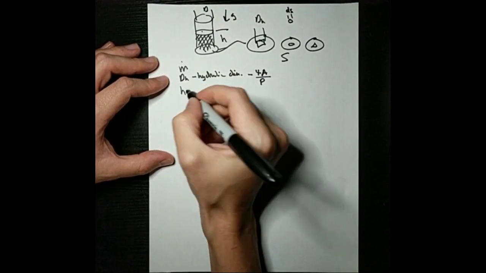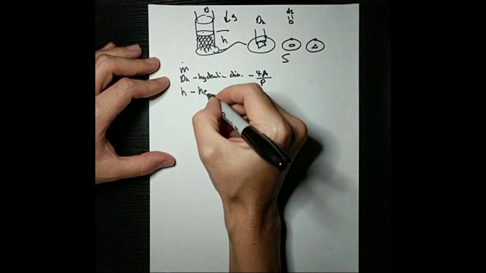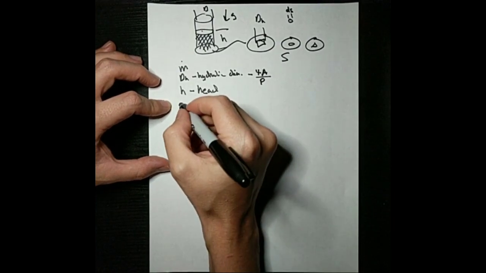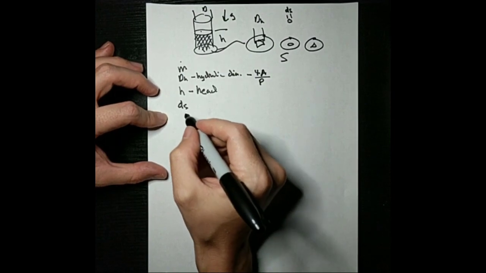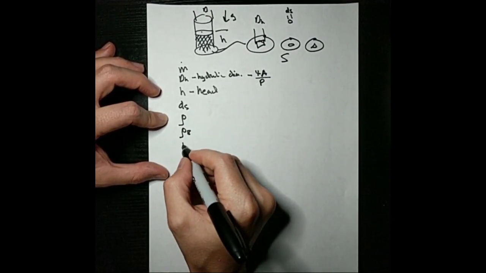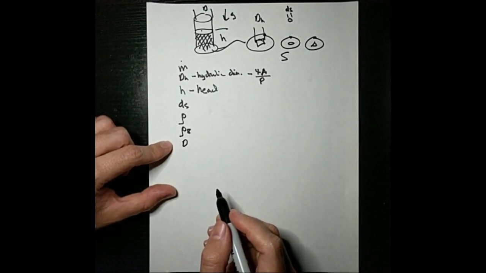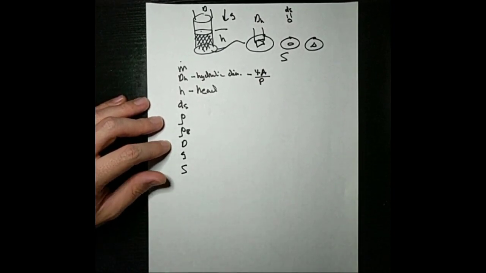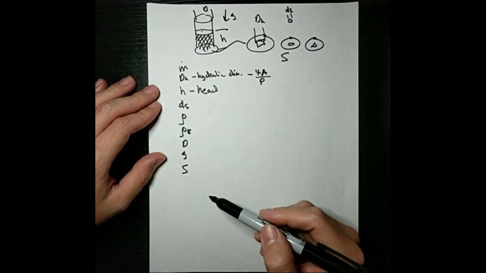So we've got the packing height, or the head if you want to think about it in terms of fluids. We've got spherical diameter of the particles. We've got density, we've got bulk density, we've got diameter of the vessel, we've got gravity, and we've got some shape factor. So we've listed, these are all the parameters we're going to consider.